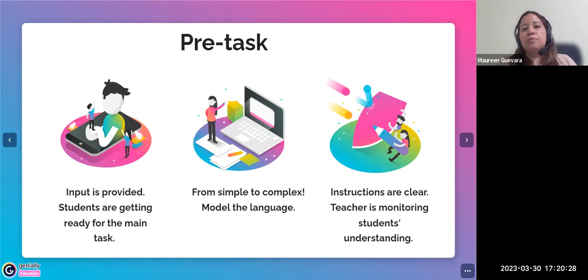Something important during the pre-task is that it is a little bit more controlled, because you as teacher need to monitor students' performance and understanding. So you have to check if they are doing an activity, like these very common activities, like find someone who, and you start listening to them and they are having problems asking questions.